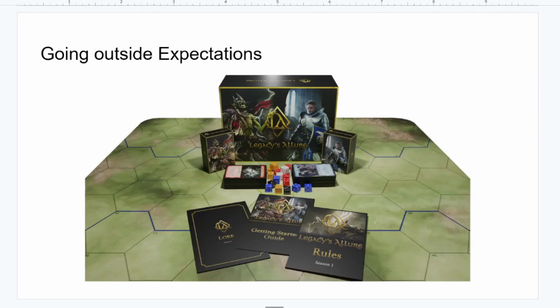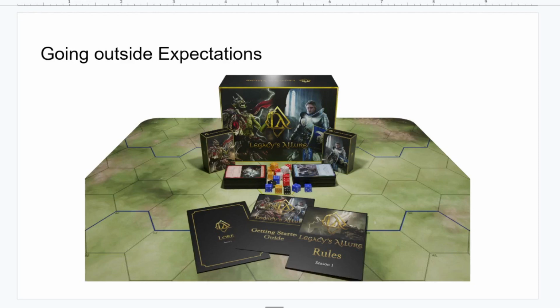That's not to say you can't go outside of the expectations of your genre. A great example is Legacy's Allure. This is one of the games that I had worked on previously, and one thing that I found so interesting about the way Keith wanted to market this is he wanted to make a war game that went against the expectations of the war game genre. Legacy's Allure is designed to be extremely portable, have limited gameplay outside of it. There's no miniatures even.